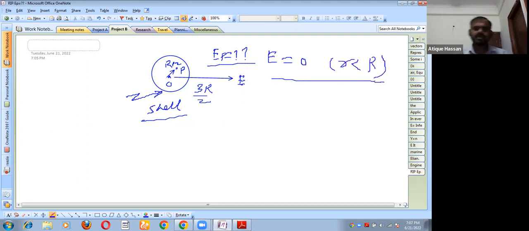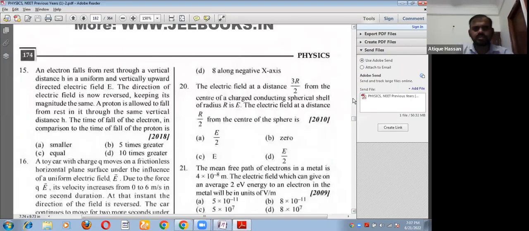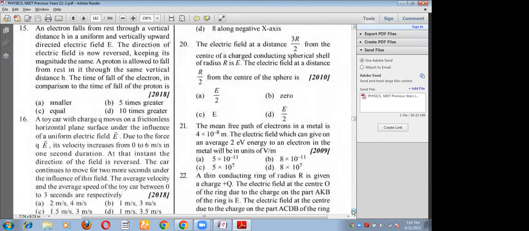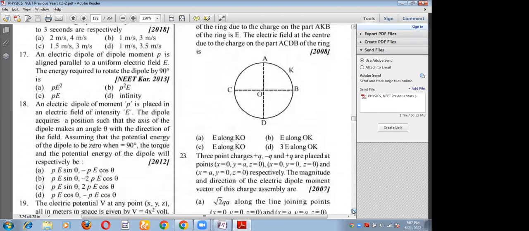I have explained such things earlier also. If a point is inside the shell, the electric field inside a conducting shell is always 0. The correct option is B. Have you got this? Yes, sir. Okay.